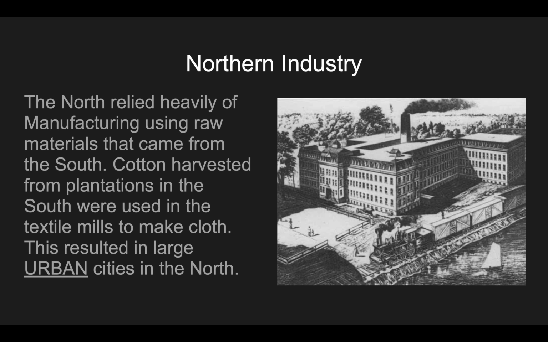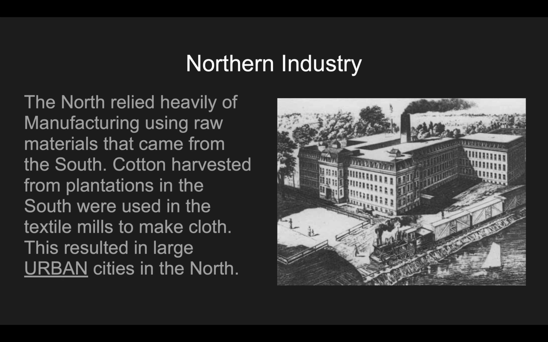All right, so in review, we talk about northern industry, and the North heavily relied on manufacturing, and they used the raw materials that they would get from, well, when we look at the New England colonies, they would chop down the trees and use the lumber to construct things, furniture, ships, and things like that.